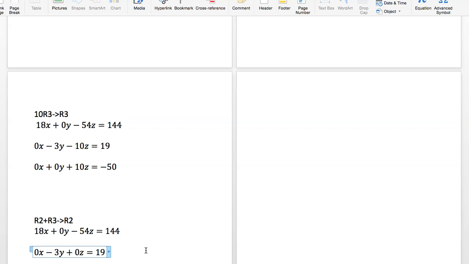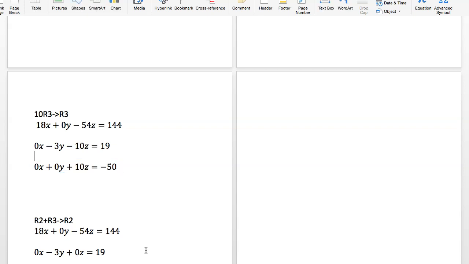I'm not going to get the right thing. I'm going to be off. I need to get y equals 2 here. Neg 50 and 19. That'll give me, what, neg 31? But that's not right.